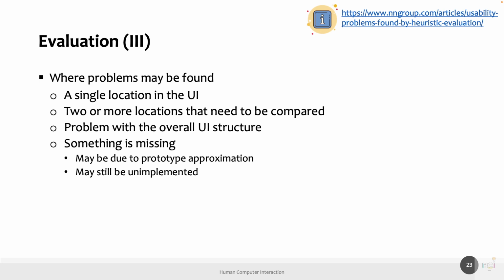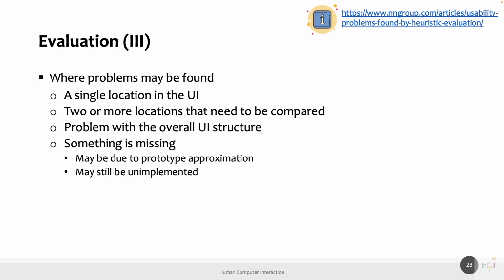For example, if you are evaluating a website and this website has the nav bar on the bottom, this is really strange for a website, right? So this can be a violation of a given heuristic that we will see, because the designer is not following the convention that the nav bar for a website is typically on top of the page.